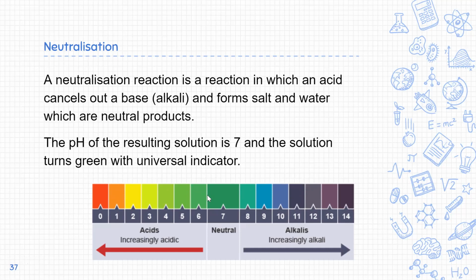Okay, it's going to get really close to 7. Because we're not adding any more hydrogen ions, for example, for acid, so the pH is not going to increase, it is going to decrease this way. So salt and water are the products produced if we react acids and alkalis together.